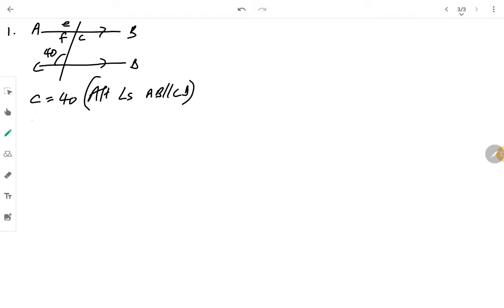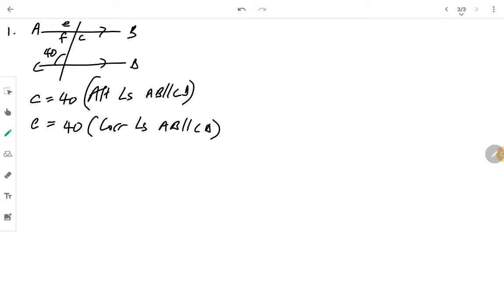Then if I look at E, E is 40 degrees, corresponding angles. AB is parallel to CD. Remember the alternate angles is the N or the Z. That's our alternate angles. Then the corresponding angles is the F.